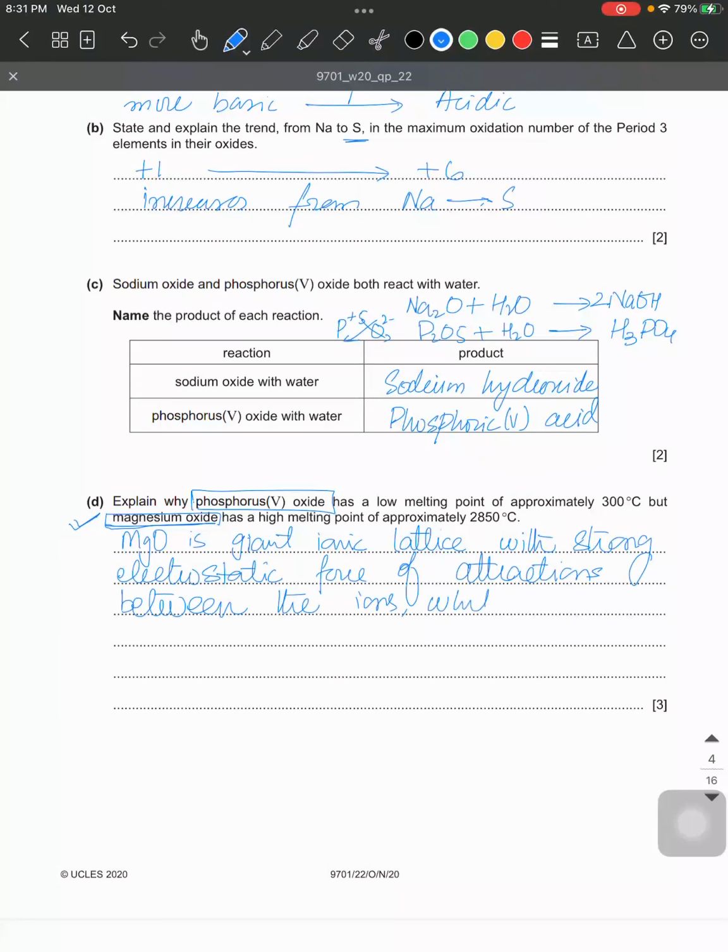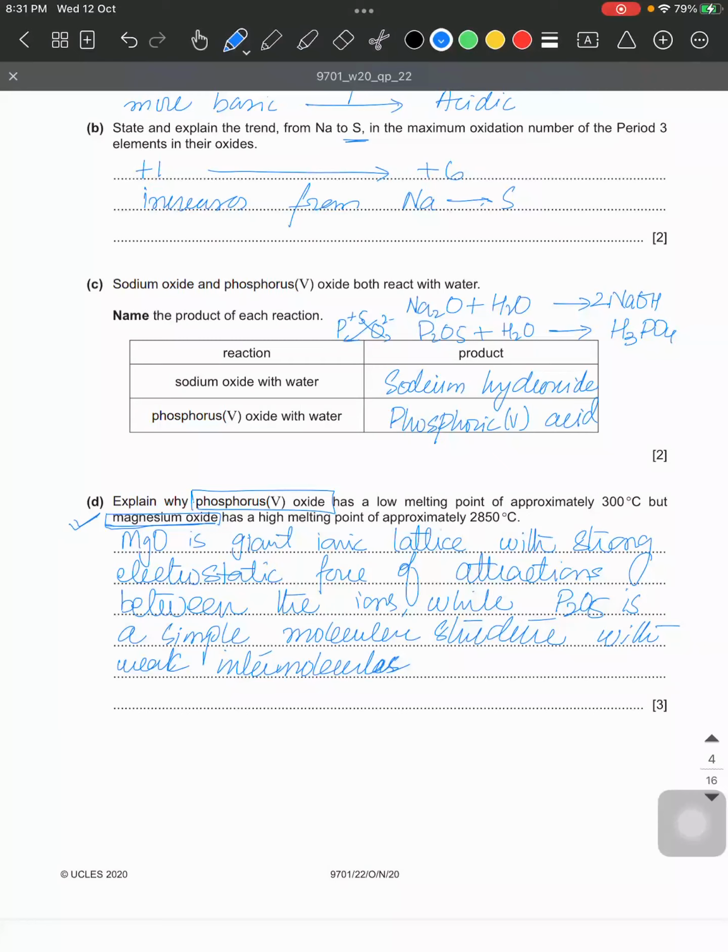While P2O5 is a simple molecular structure with weak intermolecular forces between the molecules. The intermolecular forces are always between the molecules. They are not between the ions. So you cannot use intermolecular forces with ions, or use electrostatic force of attraction with molecules.